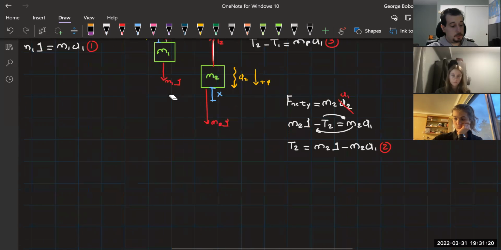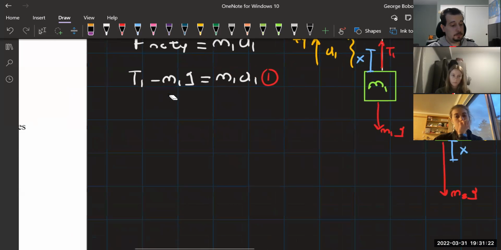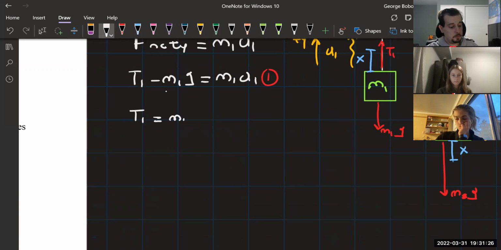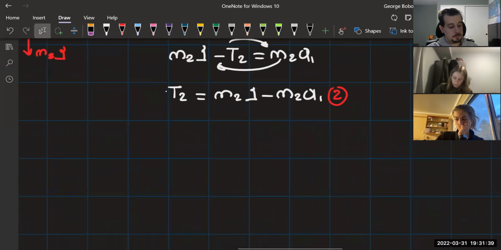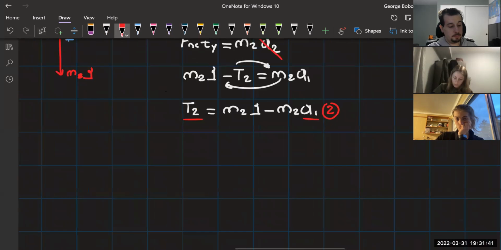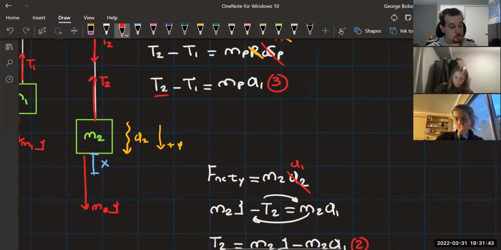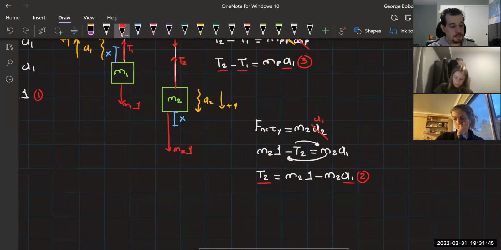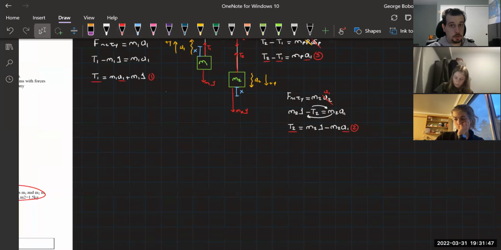And then I can go upstairs and do the same here, isolate for T1, because I'm planning to plug both T1 and T2 into the third equation. You can see I have T1 explicitly in terms of A1, I have T2 explicitly in terms of A1, and then I've got the mixture of these two in terms of A1. All that remains is to mix the equations together, right?